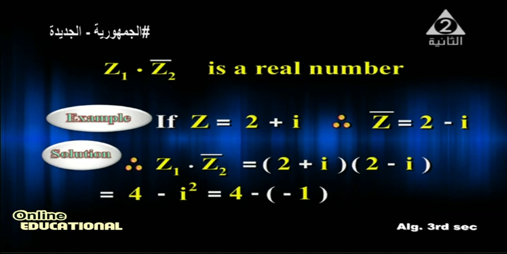Why? Because i squared equals negative 1. Negative, negative, positive 1. 4 plus 1 equals 5.